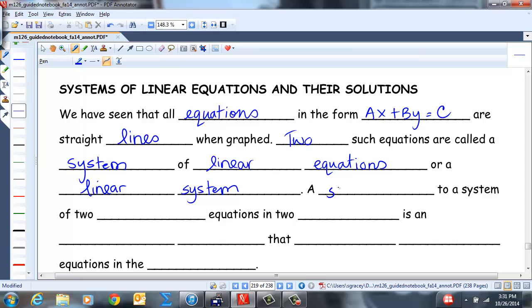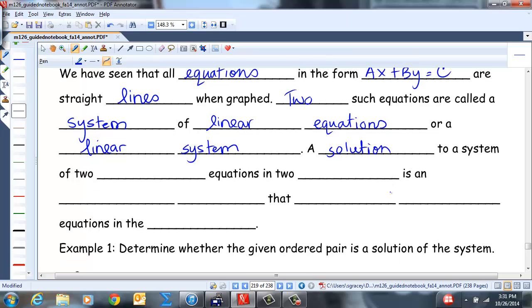A solution to a system of two linear equations and two variables is an ordered pair that satisfies both equations in the system.